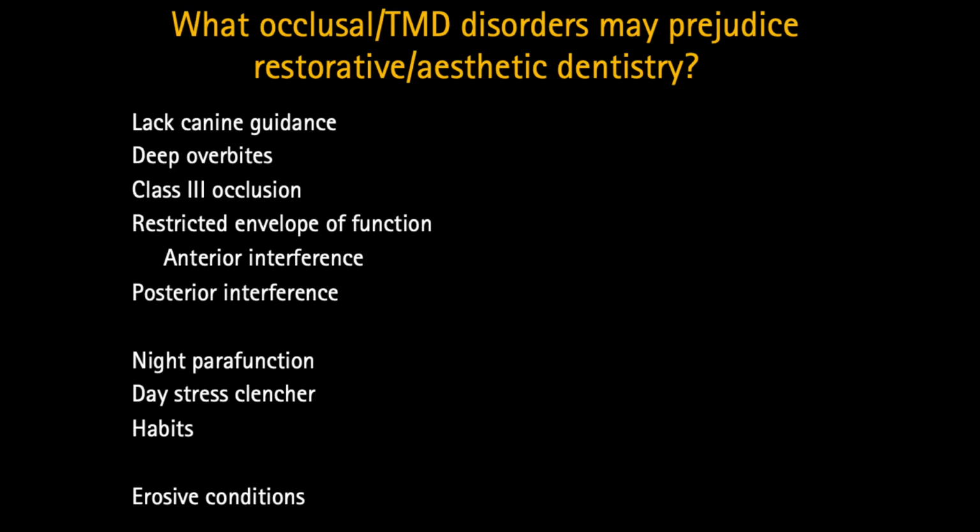So we've got a lack of canine guidance, deep overbites, class 3 occlusions, the restricted envelope of function, which is very much an anterior interference, and separate to that we've got the posterior interference. In addition to that, there are night parafunction patients and also the day stress clenchers.